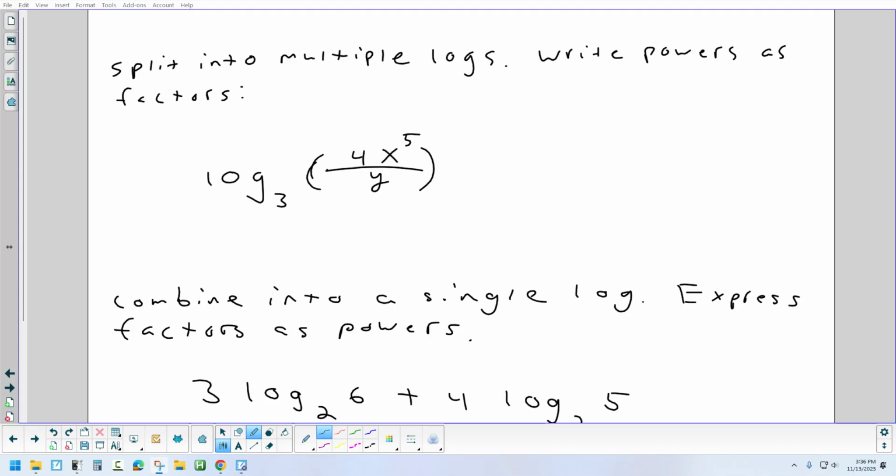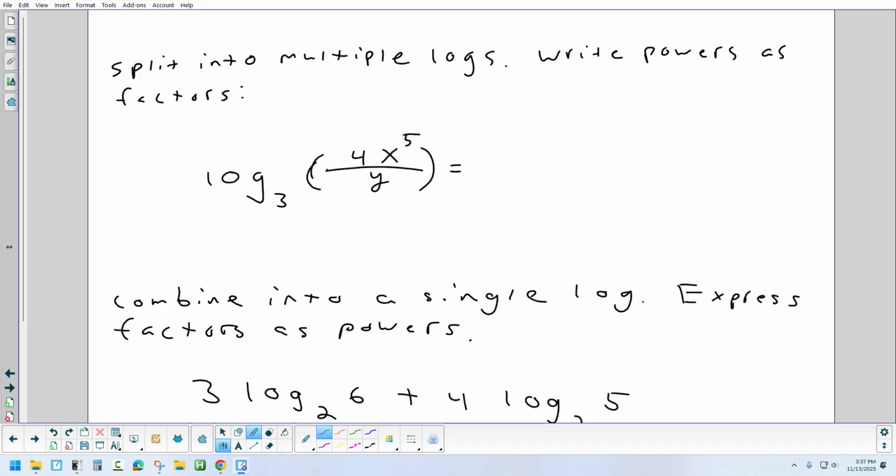All right, so the next two questions are what we did today, taking logarithms and either combining or splitting them. Let's start with this top one. When we split that, are we going to have 2 logarithms, 3, 5? How many logs are we going to have?